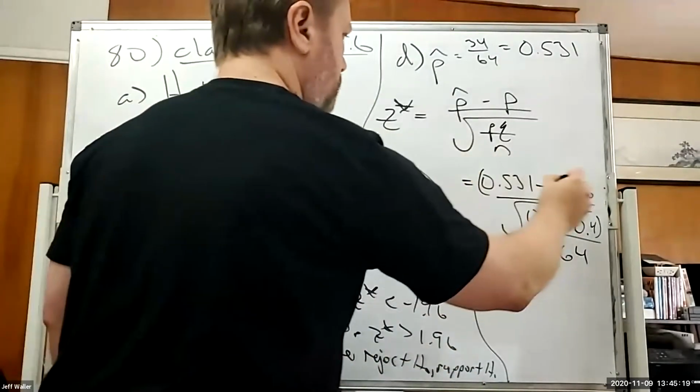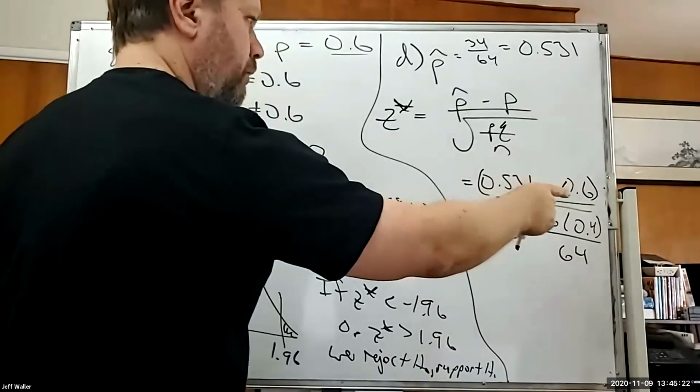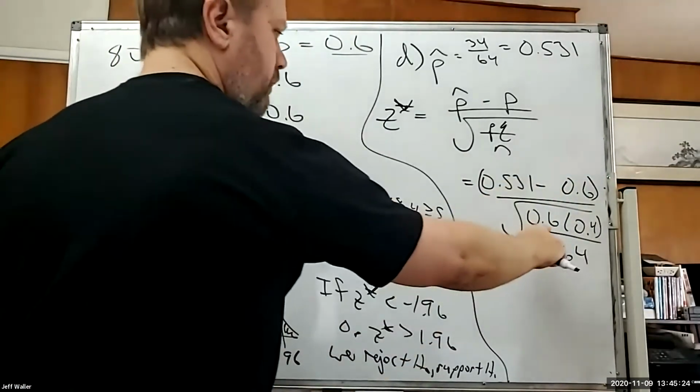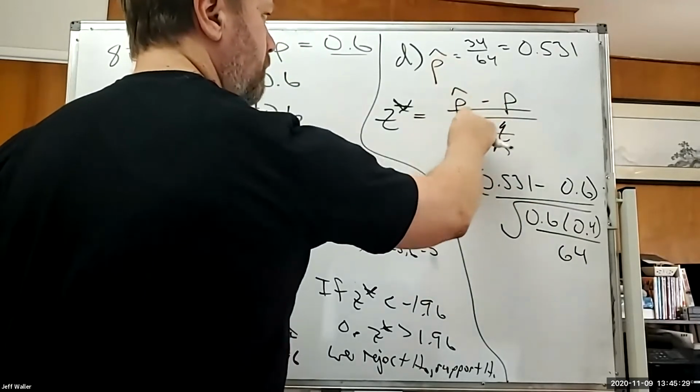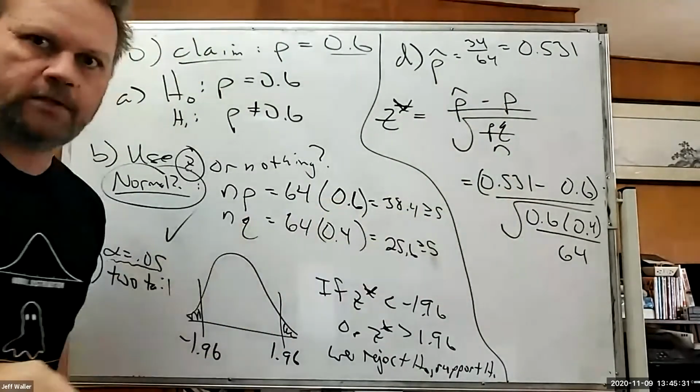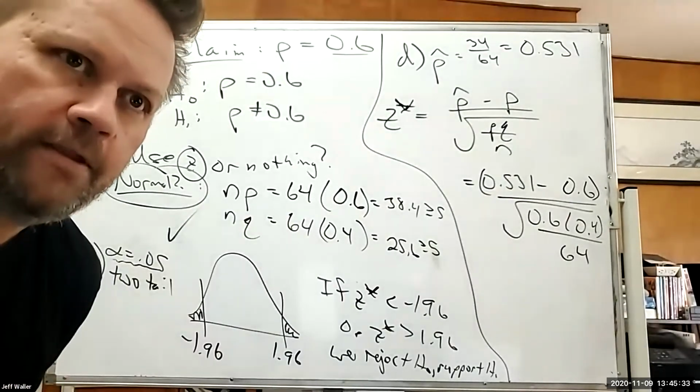So one big mistake people make is not putting it in the calculator correctly. Another thing is the only place any hatted thing shows up is right there. That's the only hatted thing.